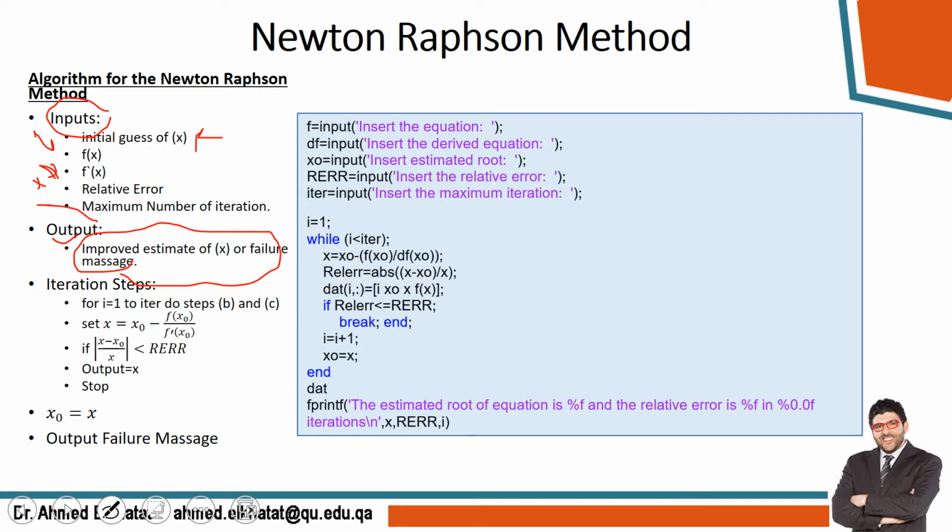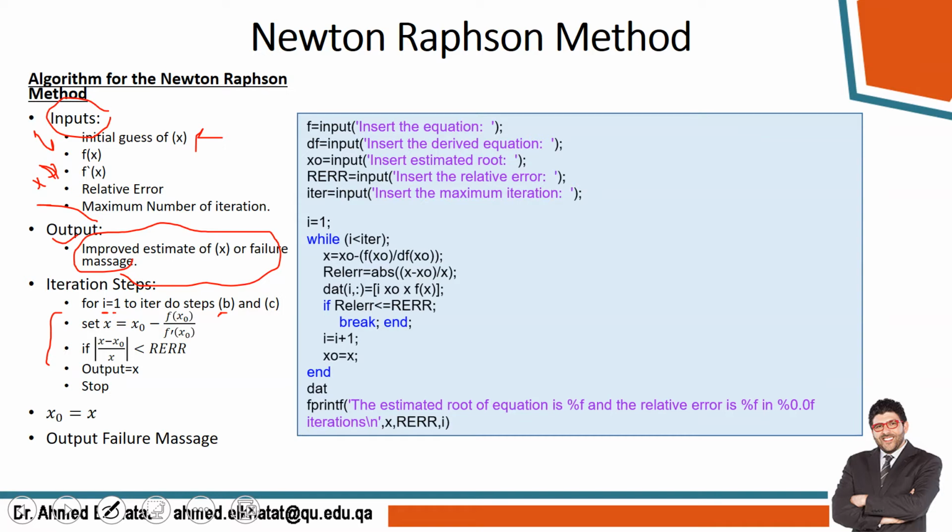Then the iteration steps: we use while I equals 1, to iterate and do steps B and C. We will discuss later what B and C are.